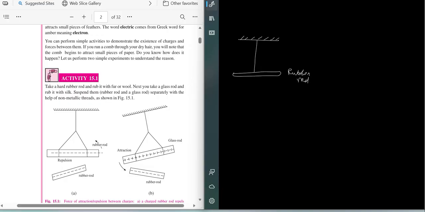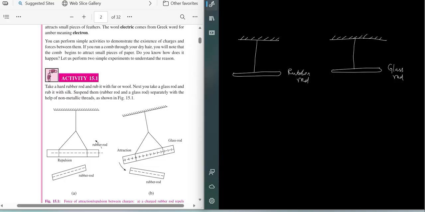And we can do a similar experiment with a glass rod. The glass rod we rub with silk, and after rubbing, we again suspend it as shown. What we notice is that when we bring both these charged rods near each other, they tend to attract.